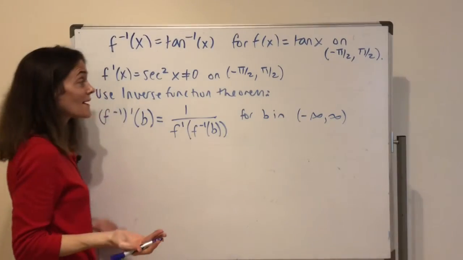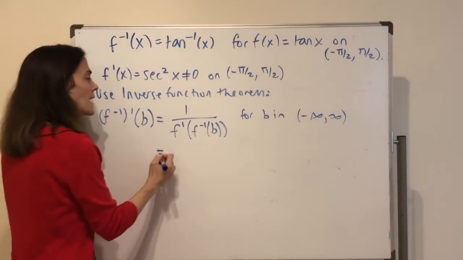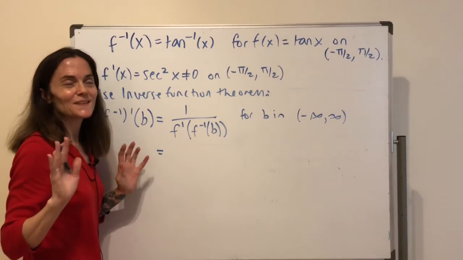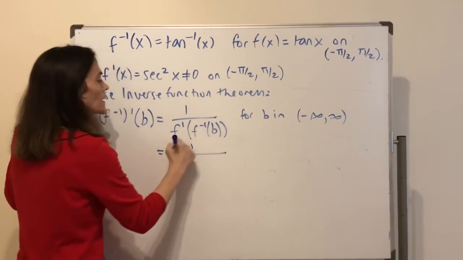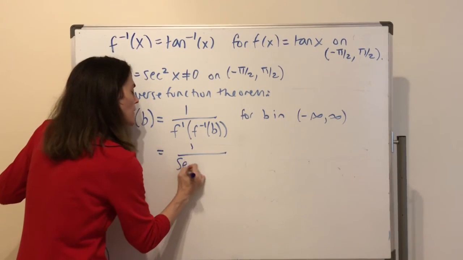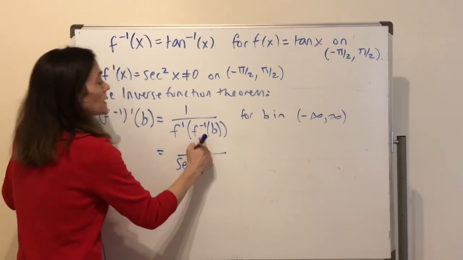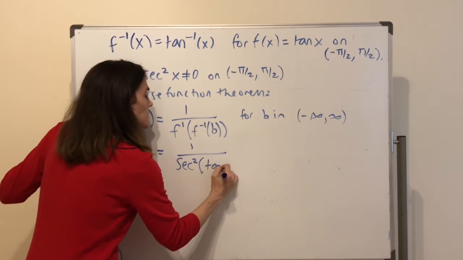It's the domain of the inverse tangent. Now, just as we did with the sine, when we were working with the inverse sine, let's fill in what these are. We get f prime is secant squared of, and then f inverse is tan inverse.